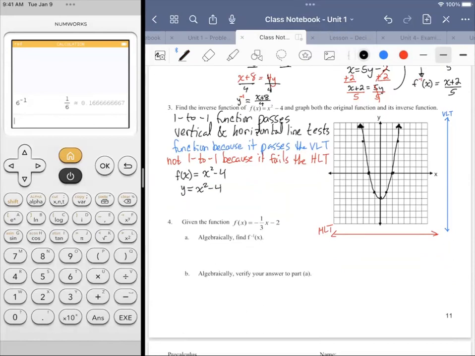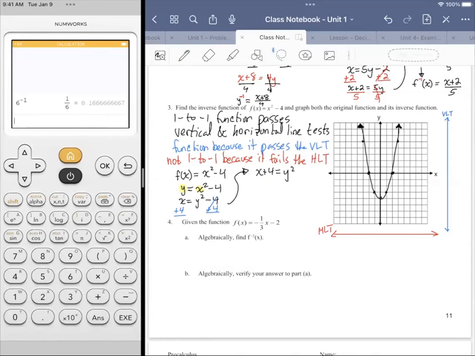I'm going to switch the x with the y, and then we're going to solve for y. So I'm going to add 4 to both sides. That's going to give me x plus 4 is equal to y squared.